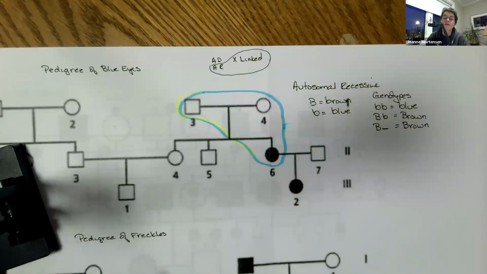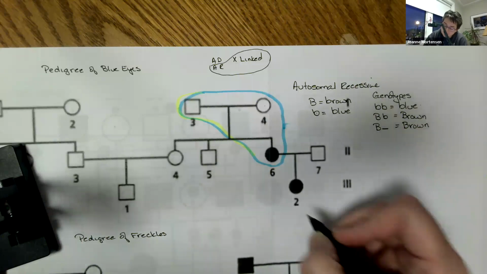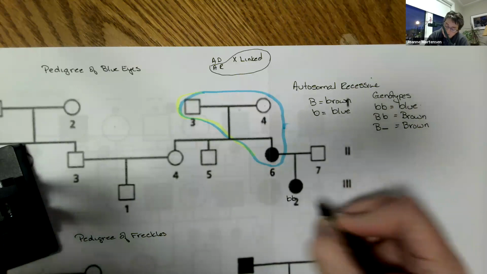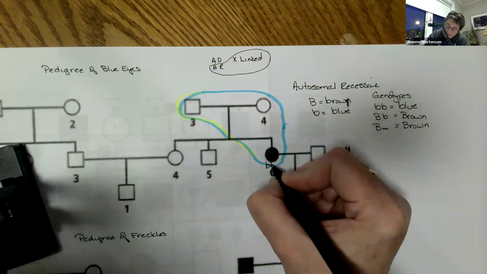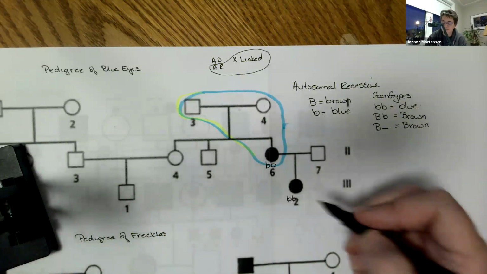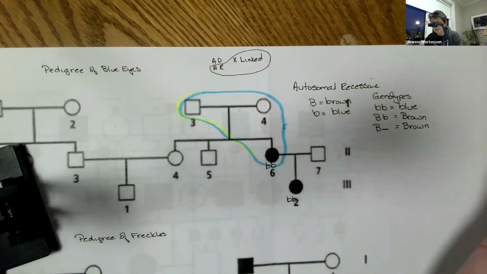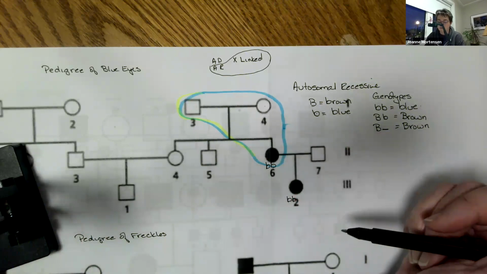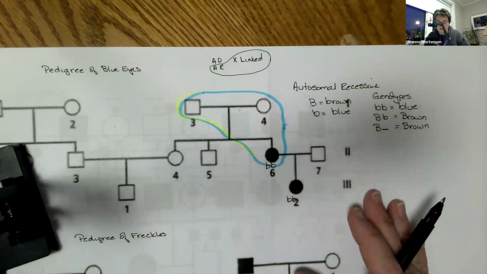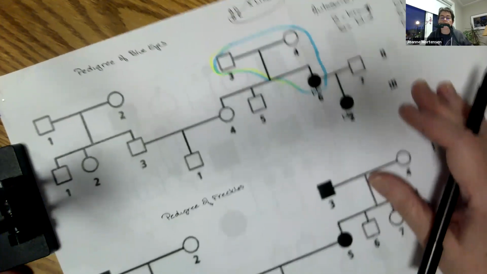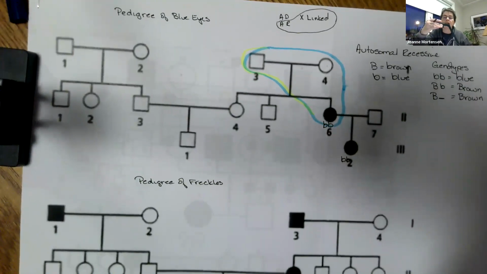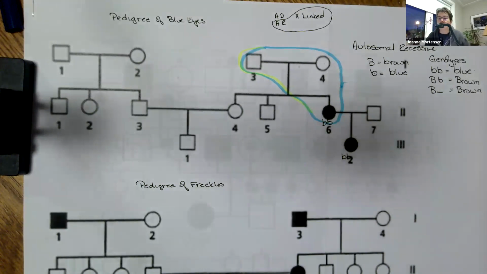So let's do the easy stuff. On here, we have two individuals that have blue eyes, and there's only one genotype for blue. Those are the ones with blue eyes. Everybody else on the whole chart doesn't have blue eyes. So that means everybody else has brown eyes.